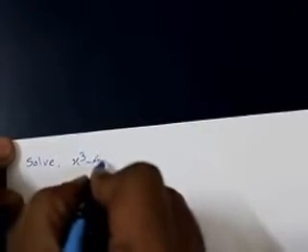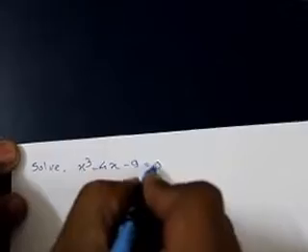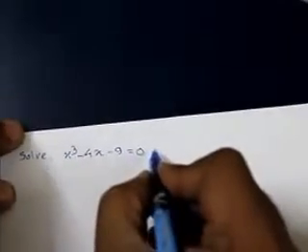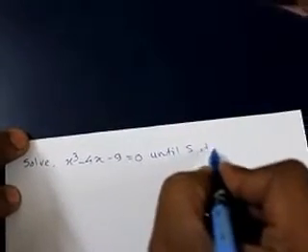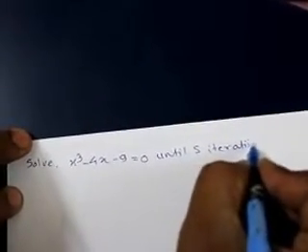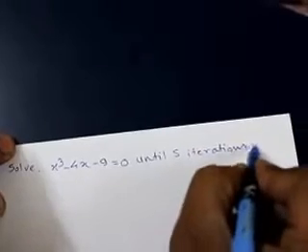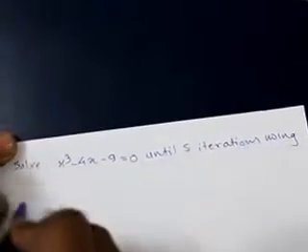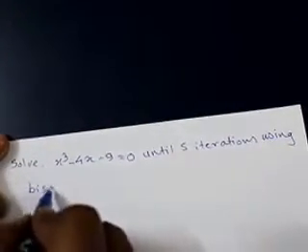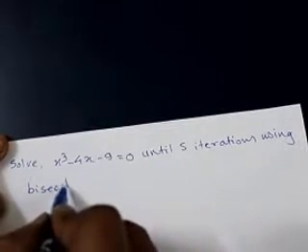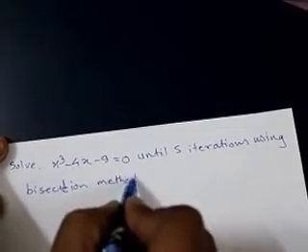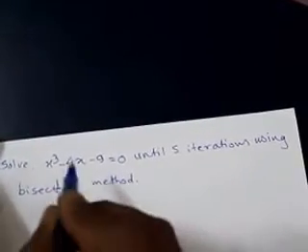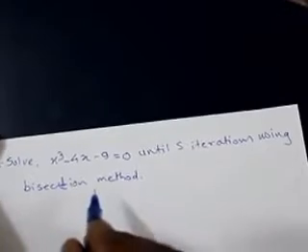Solve x cube minus 4x minus 9 is equal to 0 until 5 iterations using the bisection method. This is a problem from an actual exam paper.